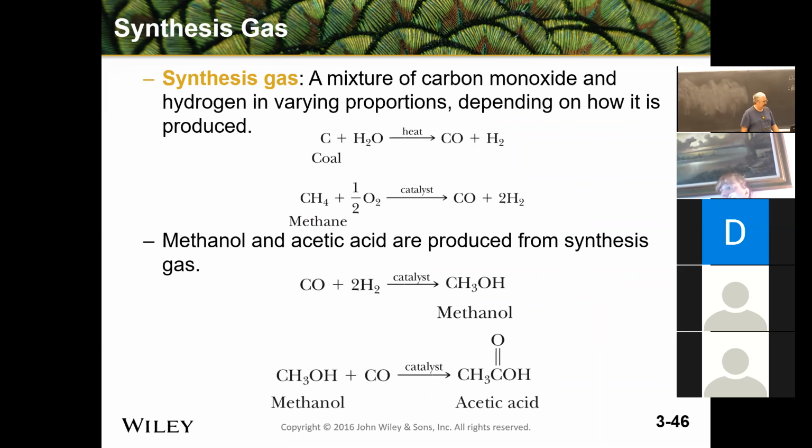Coal, which is primarily carbon, can be converted to carbon monoxide by heating with oxygen or water. This is used to make other industrial products, such as methanol and acetic acid.